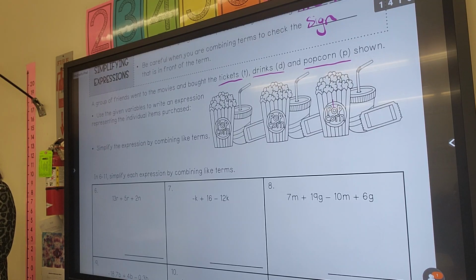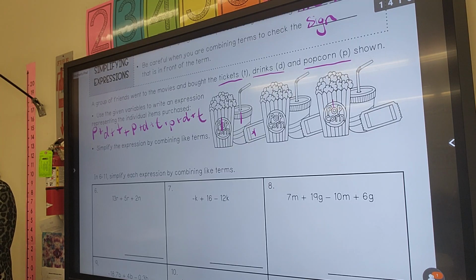So we have one popcorn here, so we have P plus D, plus T, and then we have another popcorn, drink and ticket. So plus P plus D plus T. And then we have another popcorn, drink and ticket. Plus P, plus D, plus T.